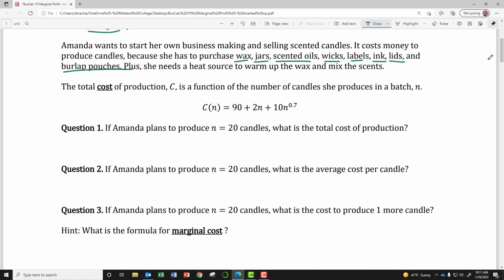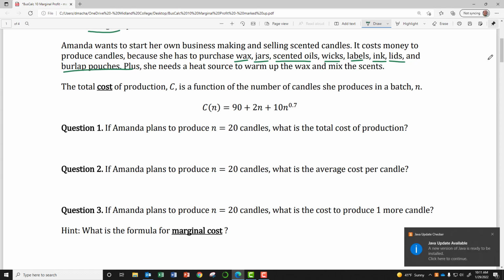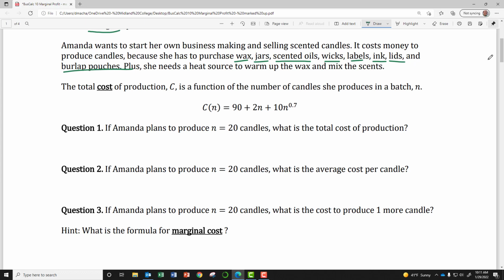Plus, she also needs a heat source to warm up the wax so that she can mix the scented oil into the candle wax. And whether you're getting your heat from gas or electricity, heat costs money either way. And she needs probably a hot plate or something to warm this up on.